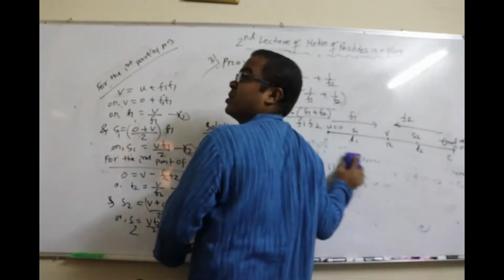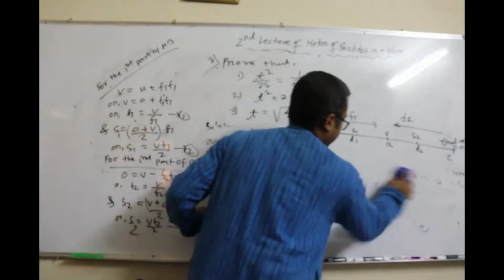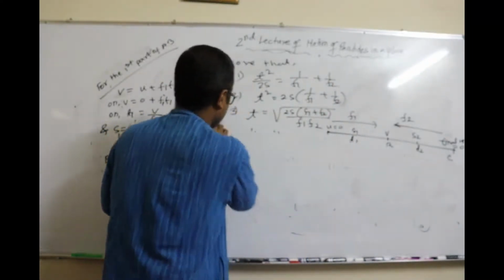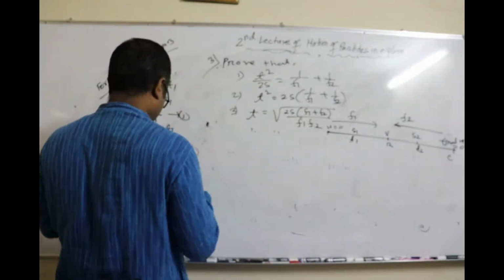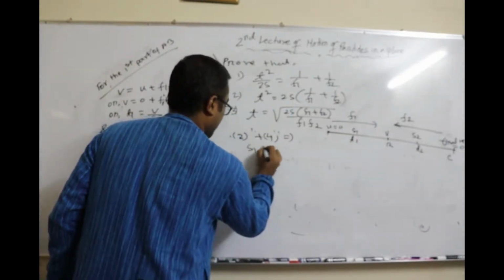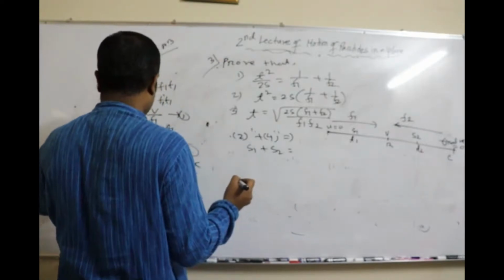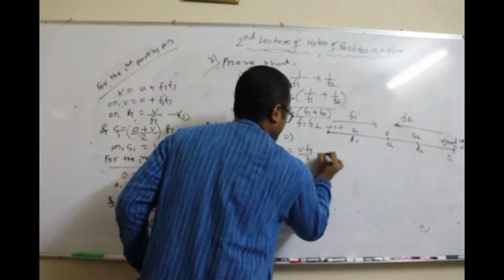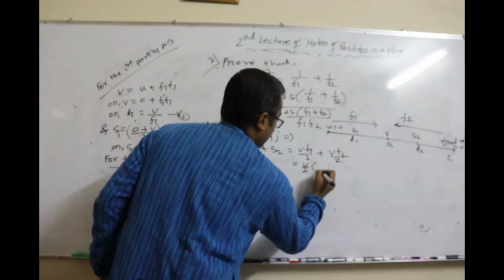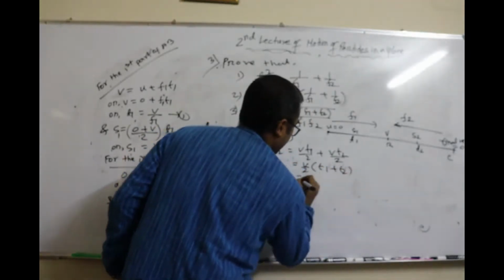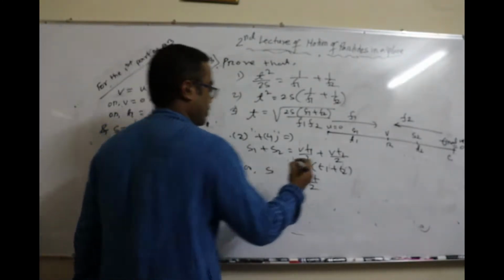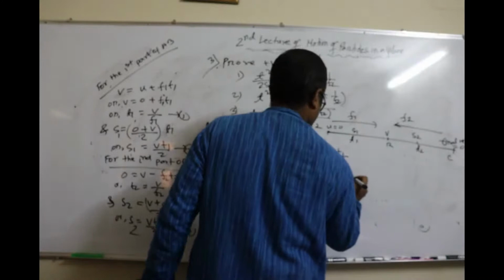Adding equations 2 and 4, we get S1 plus S2 equals V T1 by 2 plus V T2 by 2, or V by 2 common, T1 plus T2, meaning total distance S equals V T by 2. You can write this as equation number 5.